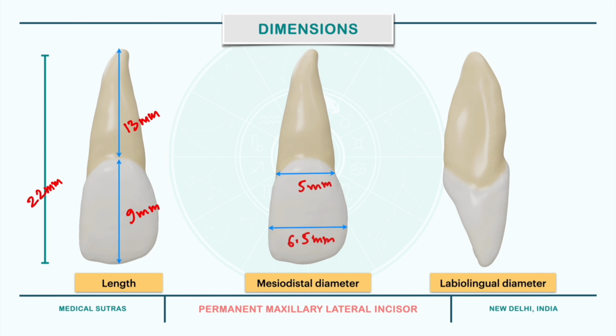The labiolingual diameter is 6 mm at the crest of curvature and 5 mm at the cervix. Lastly, the curvature of the cervical line is 3 mm on the mesial side and 2 mm on the distal side.